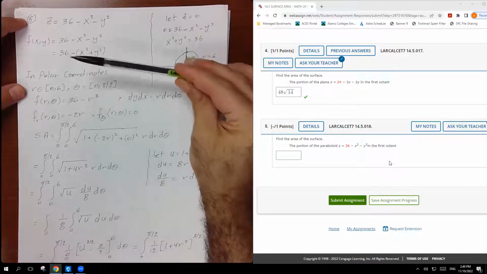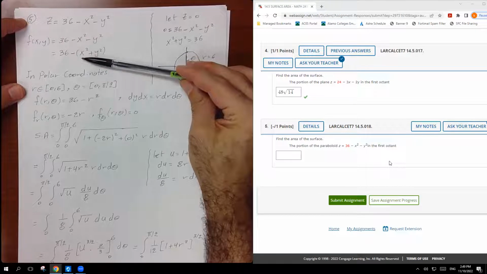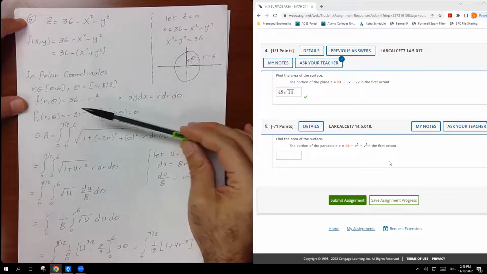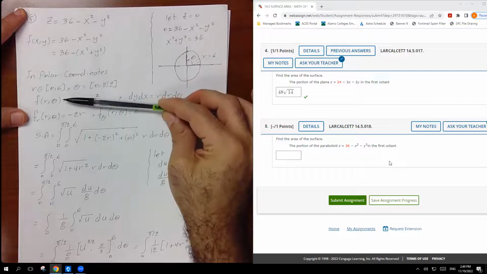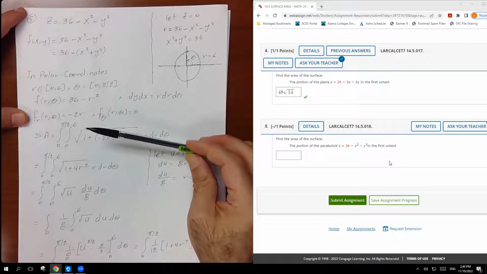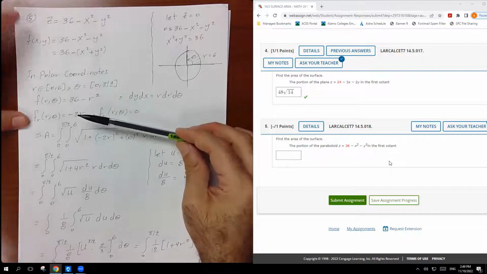Again, if you want to find f sub x and f sub y, then convert to theta, or you can convert z and then find f sub r and f sub theta.